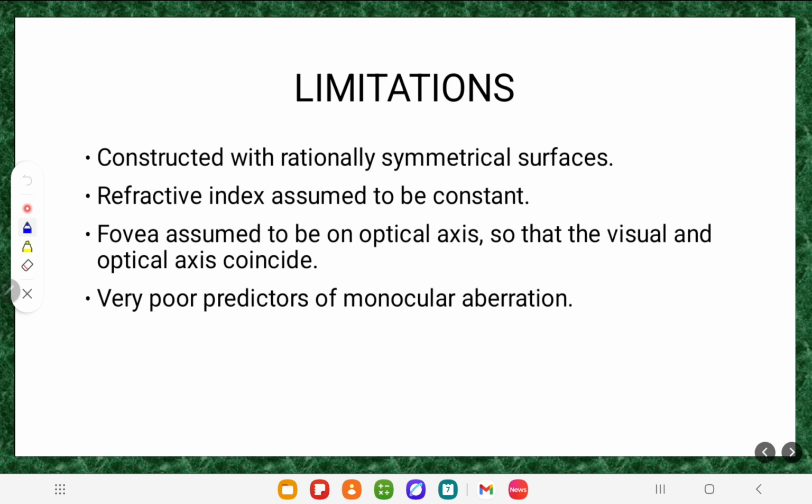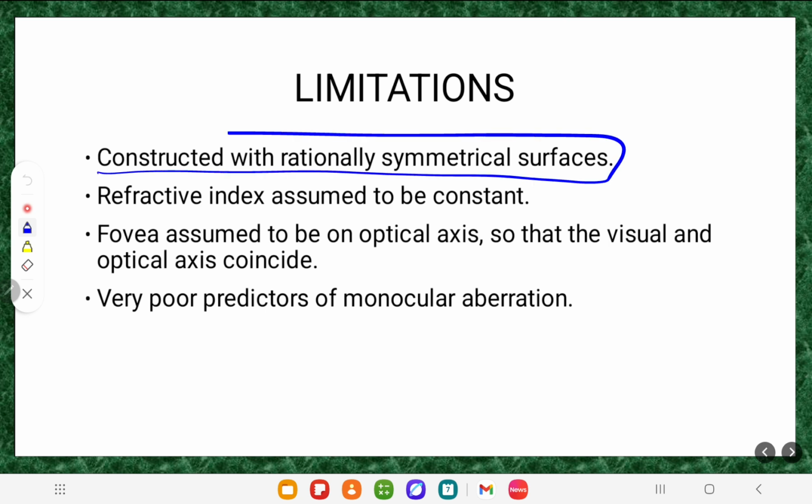So, limitations of the schematic eye: construction with rotationally symmetrical surfaces, because we know that we don't have rotationally symmetrical surfaces in the real eye, but we have to construct all the surfaces rotationally symmetrical. That's also a limitation.